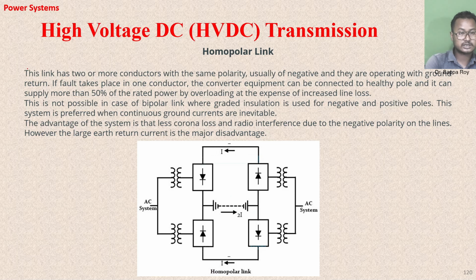This link has two or more conductors with the same polarity, usually negative, and they are operating with ground return. If a fault takes place in one conductor, the converter equipment can be connected to the healthy pole and it can supply more than 50% of rated power, by overloading at the expense of increased line load. This is not possible in the case of a bipolar link, where graded insulation is used for negative and positive poles. This system is preferred when continuous ground current is tolerable.